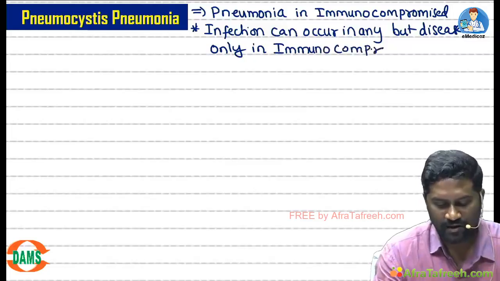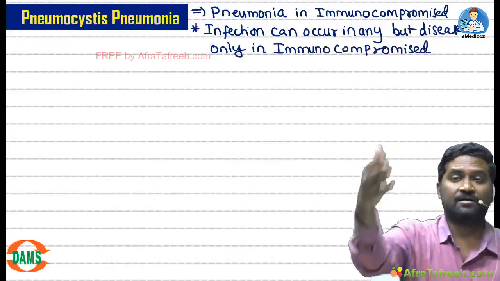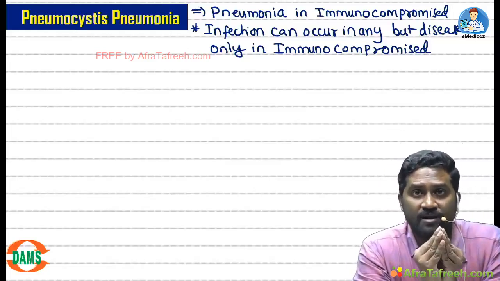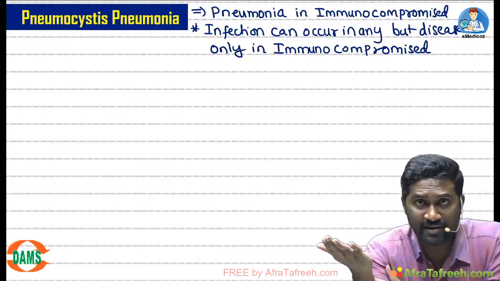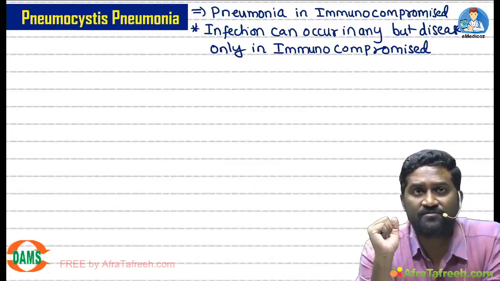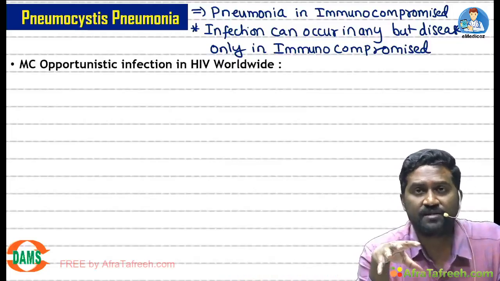It means anybody can inhale pneumocystis and can get infected with pneumocystis, but for the patient to develop active disease, he should be having an underlying immunocompromise. And what is the most common immunocompromise responsible? HIV.